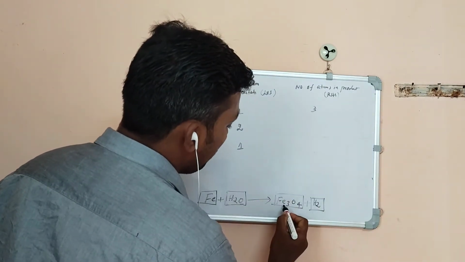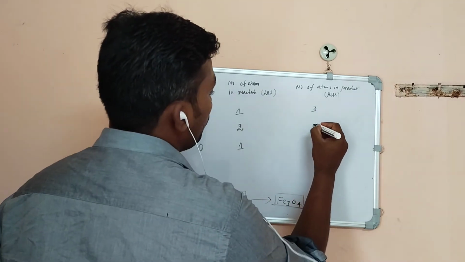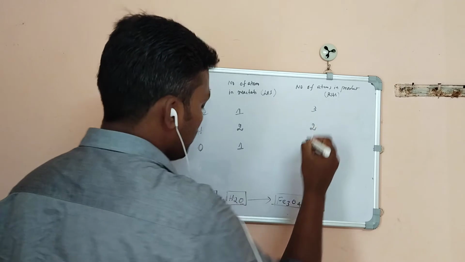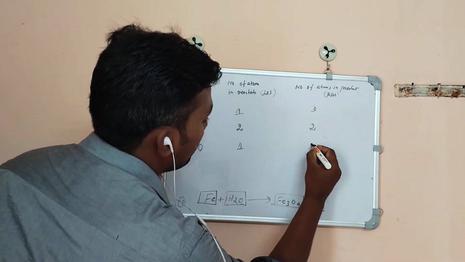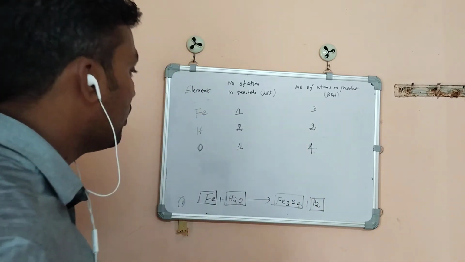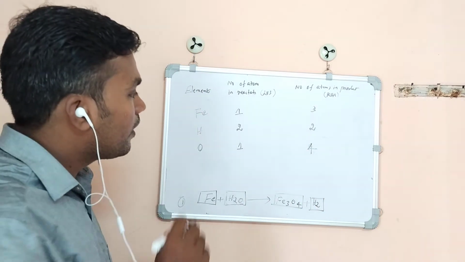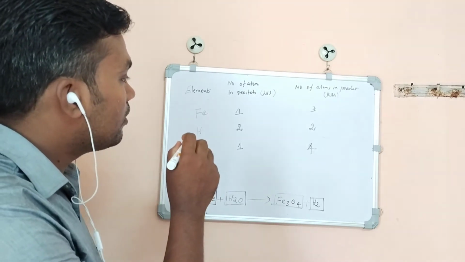See here, 3 Fe is there. How many hydrogens are there here? 2 hydrogens. How many oxygens are there here? 4 oxygens. Okay, 4 oxygens are there.